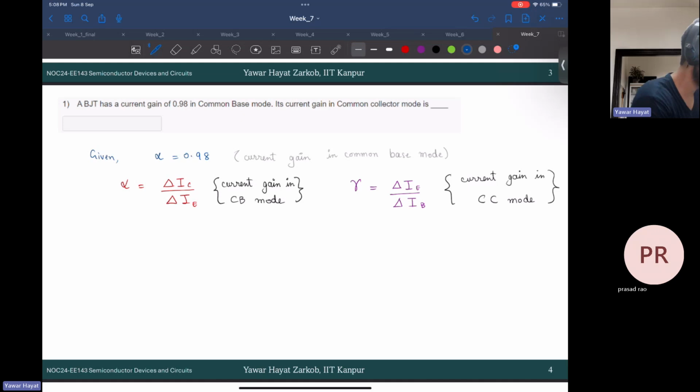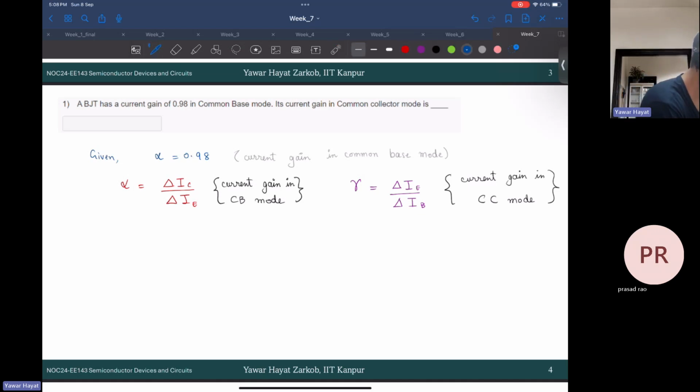Now, let me first tell you the approach. We know alpha, but we need to compute this gamma. So the motivation of the approach to solve this problem is to express gamma in terms of alpha. If we are able to do that, then our problem is solved, because alpha is given.